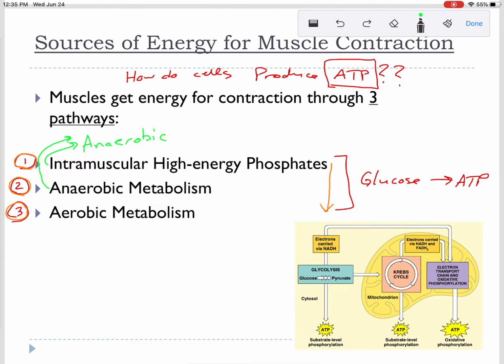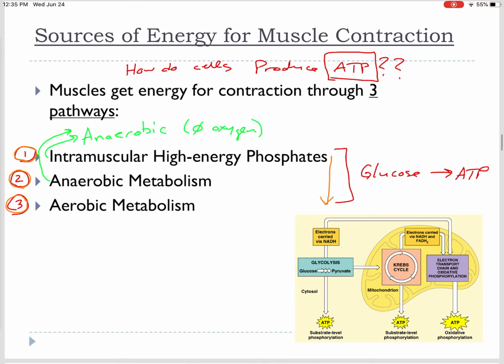And all that means is, in order for these chemical reactions to happen, it does not require oxygen. So both of the first 2 are anaerobic. They don't need oxygen in order for those chemical reactions to take place. However, this third one is, as the name suggests, aerobic, which means that it requires oxygen.